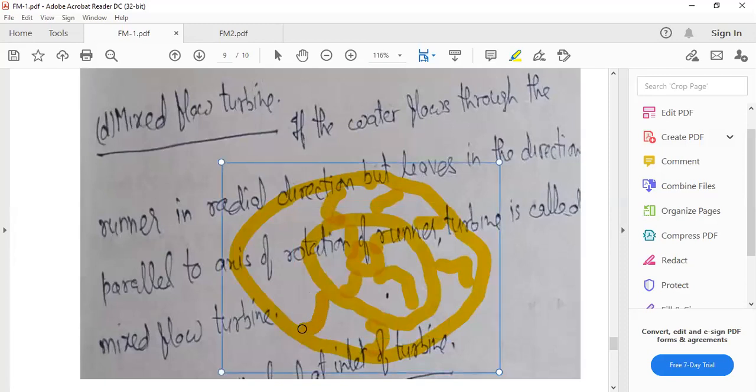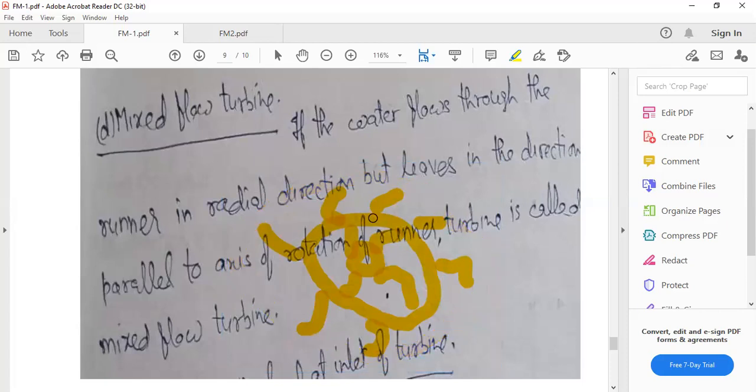Now, if water moves in radial direction from outward to inward, this is outward and this is inward. Okay, so if water moves from outward to inward radially, this is known as inward radial flow turbine. And if water moves from inward to outward radially, then this is known as outward radial flow turbine. So we have inward radial flow turbine and outward radial flow turbine.